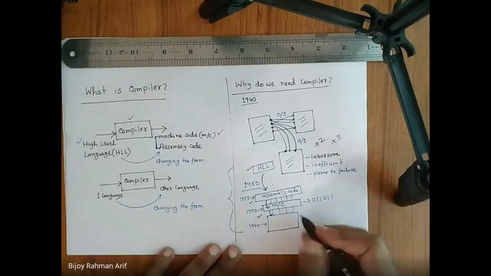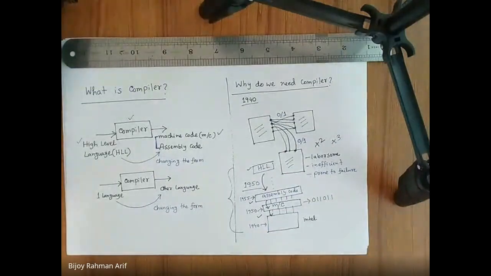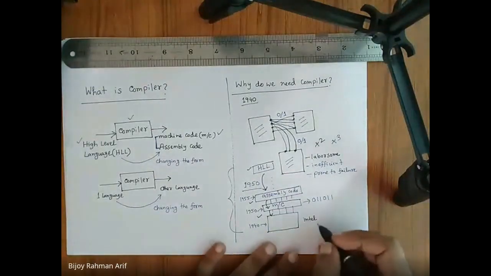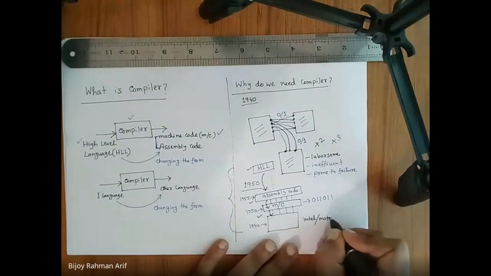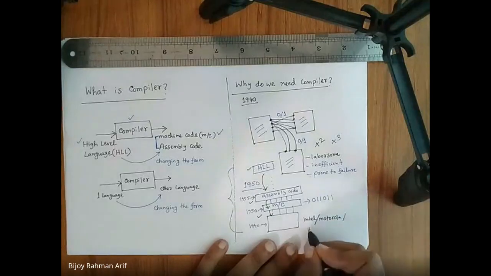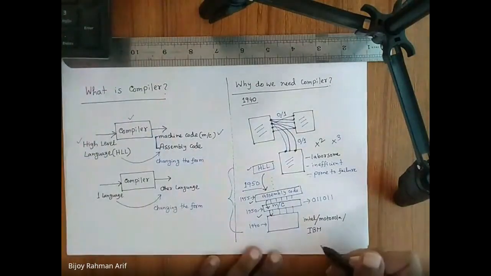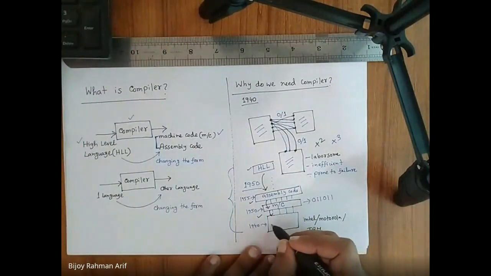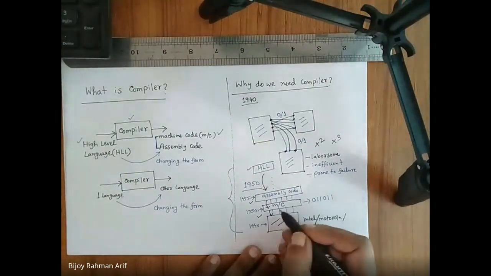For example, Intel creating their own machine, Motorola creating their own machine, then IBM creating their own machine. So each of these machines has its own architecture, and this architecture has its own assembly code.